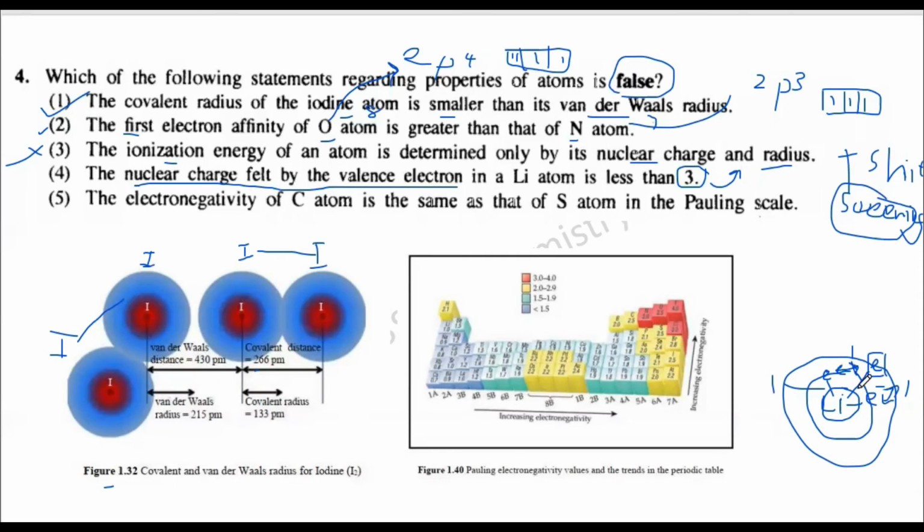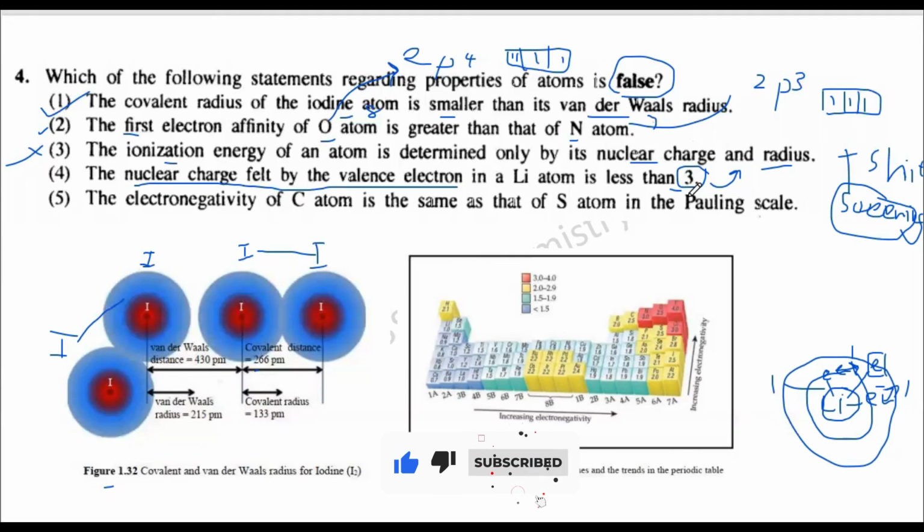So always the electron will feel the resultant. What is the resultant? The attraction between the electron and the nucleus minus the shielding from these 2 electrons. So automatically it becomes less than 3. There is no problem. In fact, when you consider this electron as a lone electron, it is even less than 1.